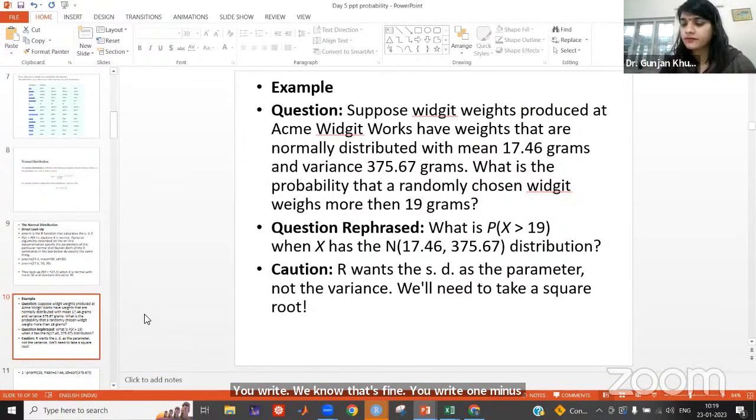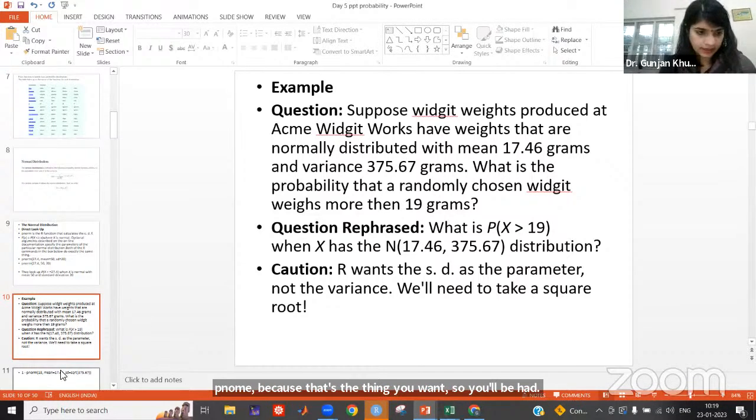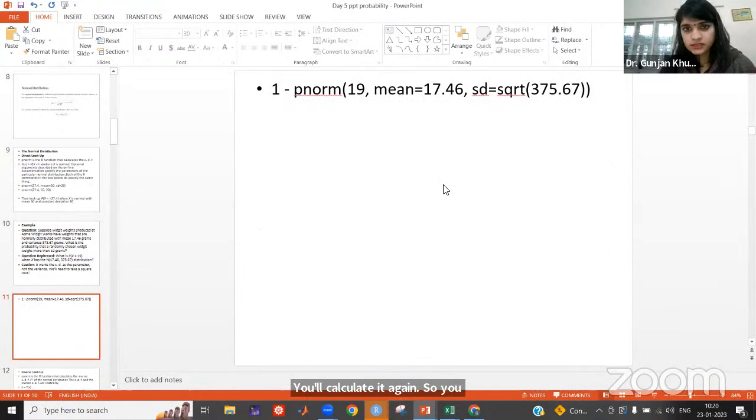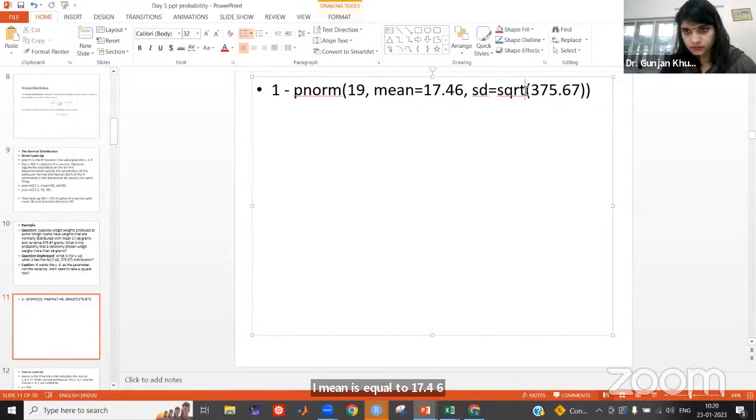So you'll calculate it again. You can do it directly, right? So please do it. Mean is equal to 17.46. Please tell the answer also.